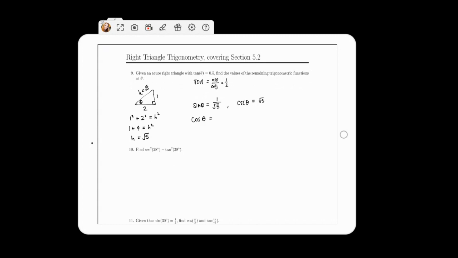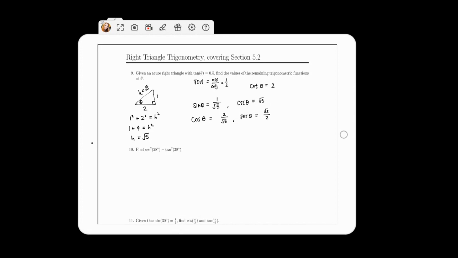Cosine is adjacent over hypotenuse, and its reciprocal is secant. So secant equals root 5 over 2. And then lastly, we know that the cotangent is the reciprocal of tangent. So that's how we can do this problem.